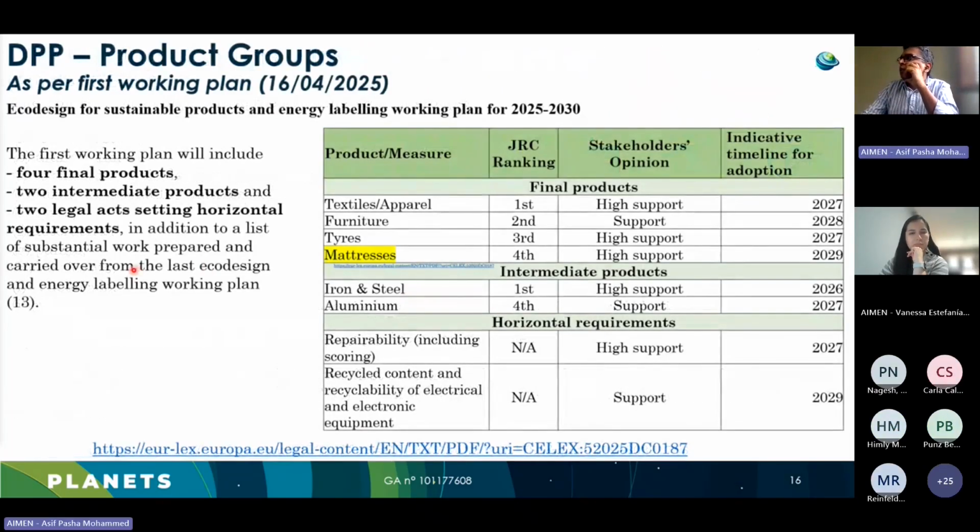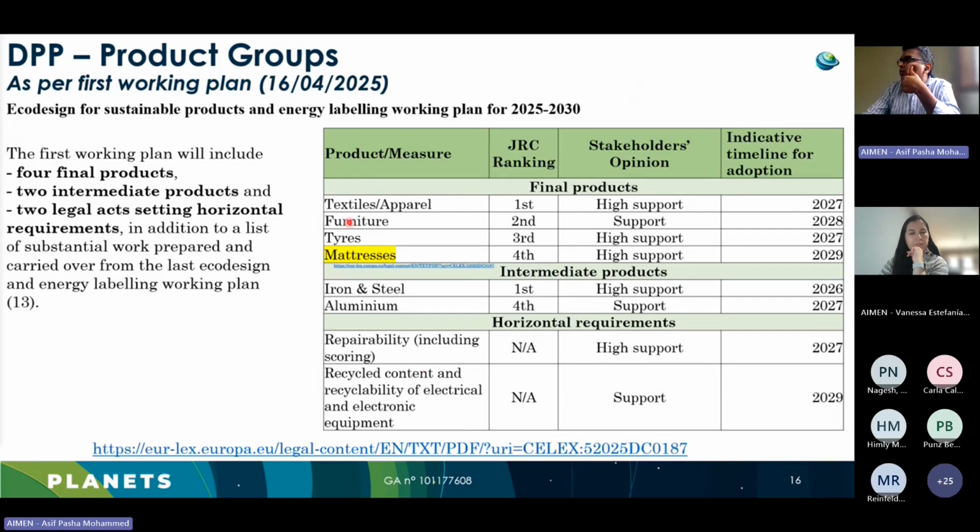So this was a predefined list in July 2024, but last month there have been some changes here. The first working plan was adopted on 16th of April 2025. This is the prioritized list based on the JRC ranking. The first working plan will include 4 final products: textiles and apparel, furniture, tires, and mattresses; 2 intermediate products, iron and steel and aluminium; and then 2 legal acts setting horizontal requirements.